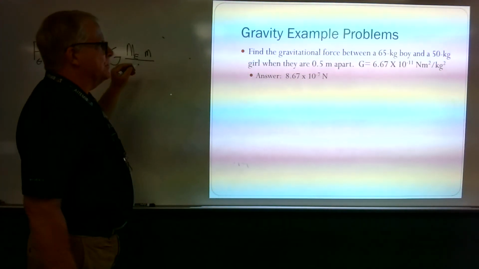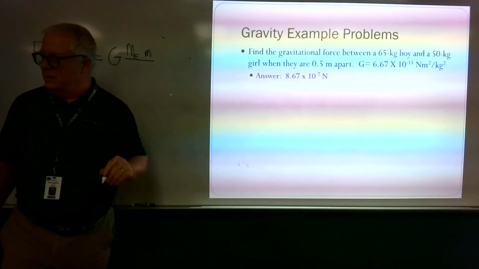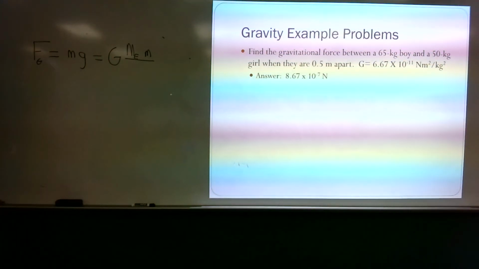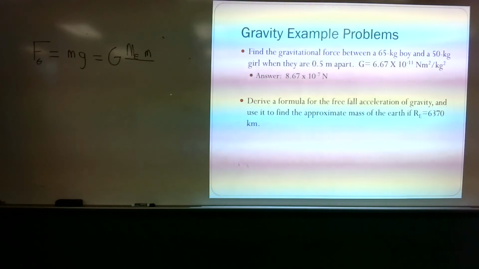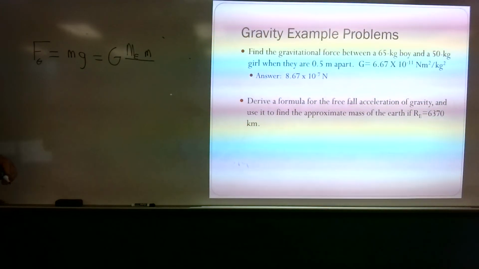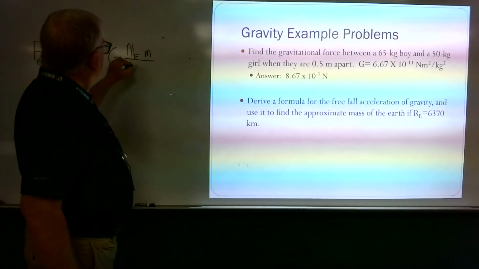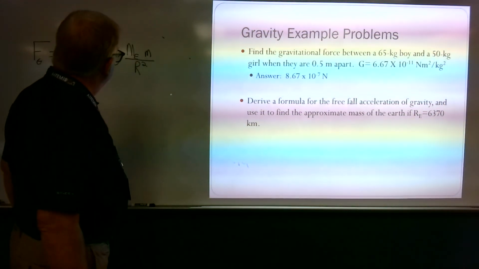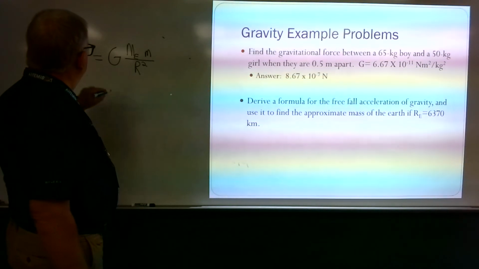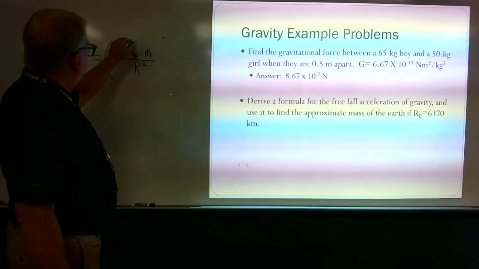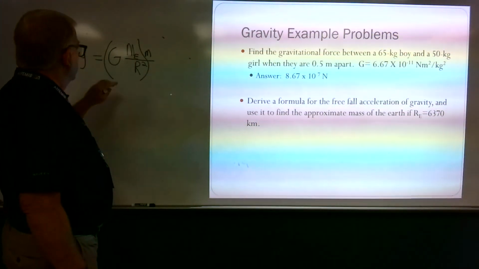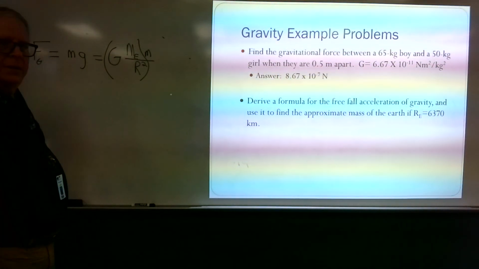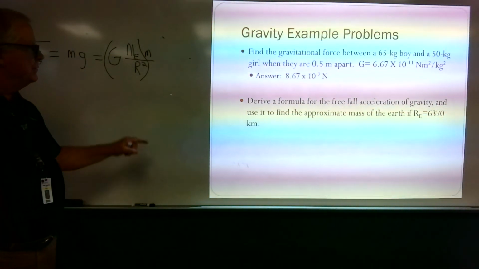So the distance is just the radius of the planet. The radius of the Earth is 6,370 kilometers. So this is divided by the radius of the planet squared, which means that little g must be equal to all of this, because all of this times m is equal to the force of gravity.